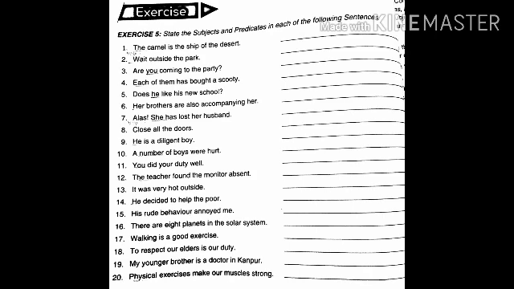Now, second question. Wait outside the park. Come on, identify the verb first. Wait is the verb. Is there any noun there? What sort of sentence is it? It is an imperative sentence. Usually in an imperative sentence, there will not be any noun.